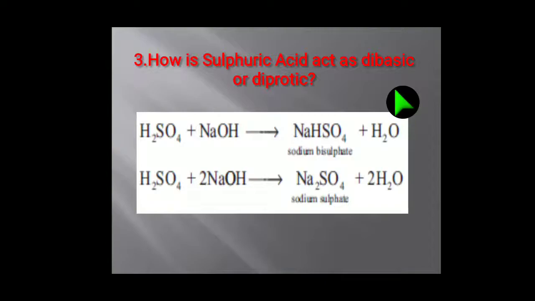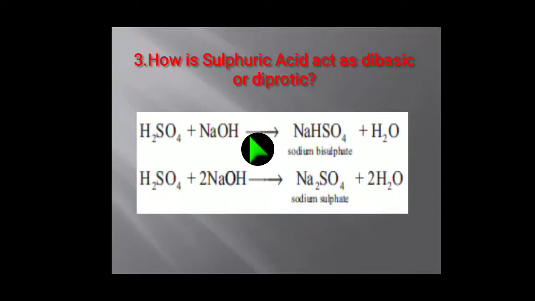Third question, how does sulfuric acid act as dibasic or diprotic? Dibasic means the hydrogen in sulfuric acid is removed by base. So we are using a strong base, sodium hydroxide. Sodium hydroxide reacts with the acid.